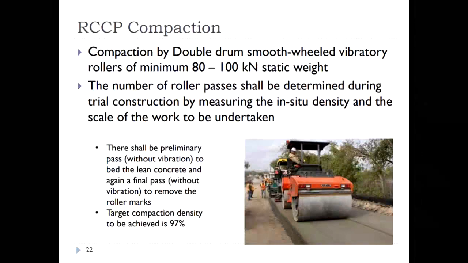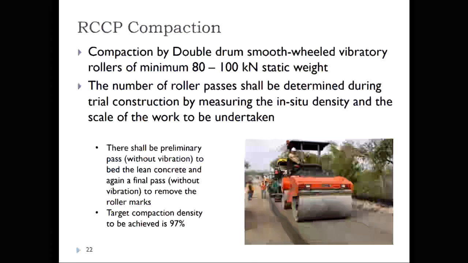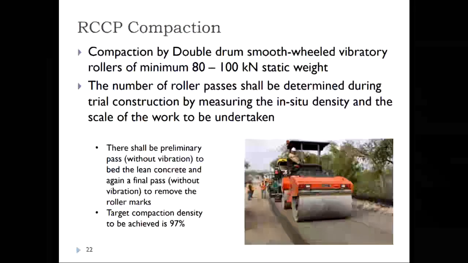Now the number of roller passes shall be determined by measuring the in situ density, either by using a non-nuclear density gauge or by using a nuclear density gauge. I don't think we permit using nuclear density gauges now, so you can go for a calibrated non-nuclear density gauge for the density relationships.